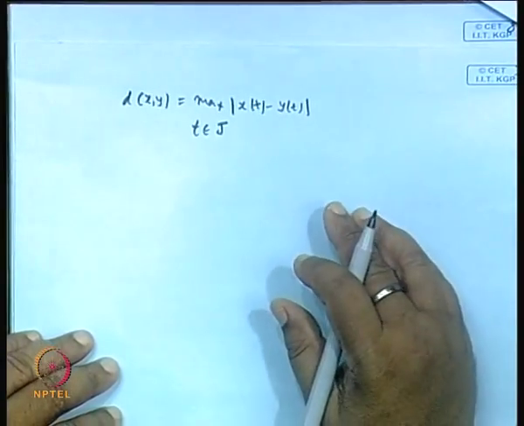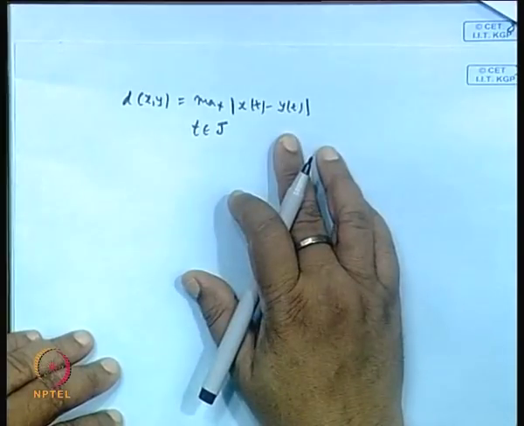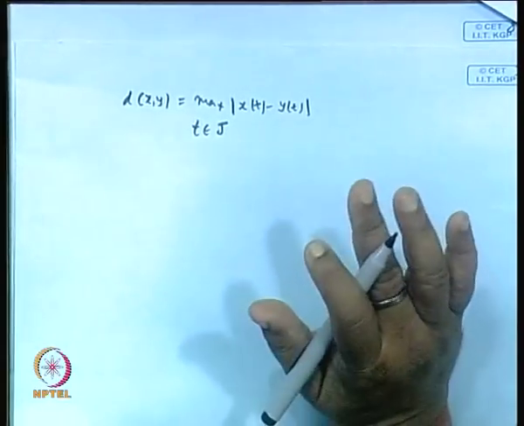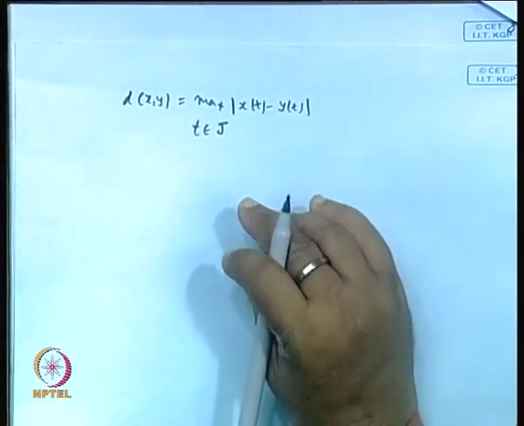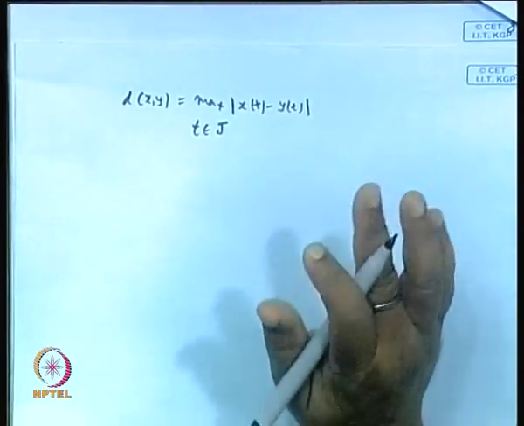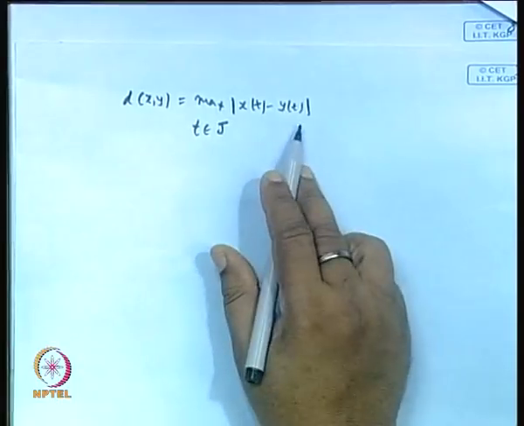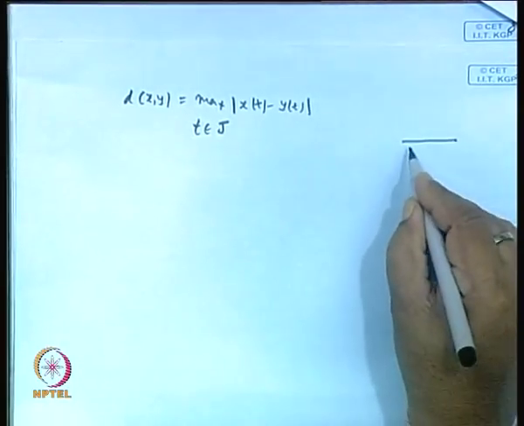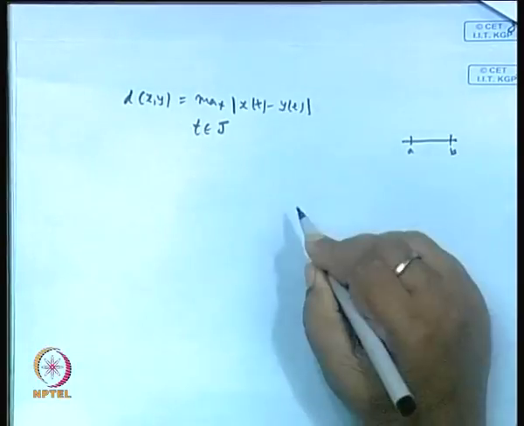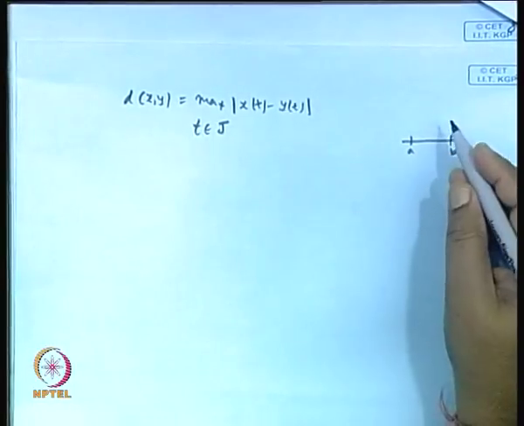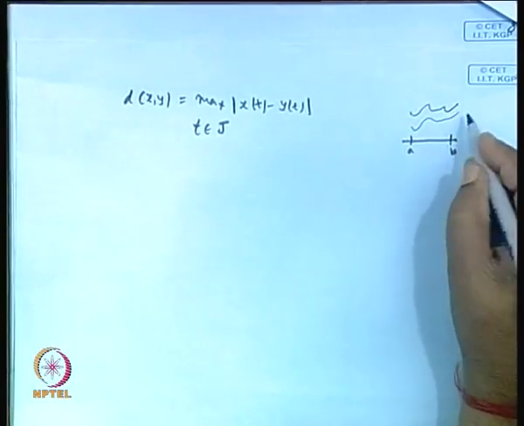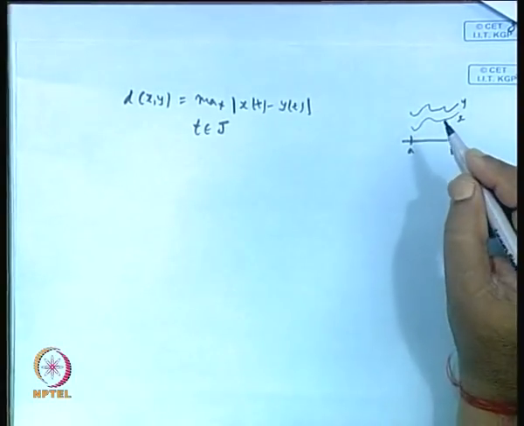Now, the first thing is whether this notion of distance which we have defined is a well defined function or not, meaning whether it is a finite real valued non-negative quantity or not. Now, x and y are both continuous functions over the closed interval [a,b].